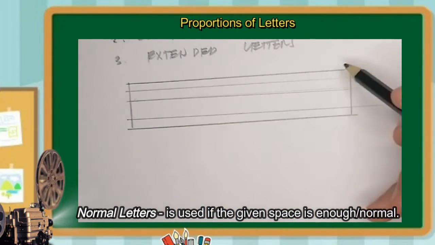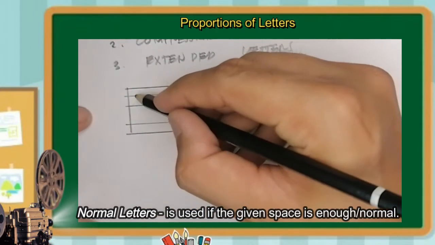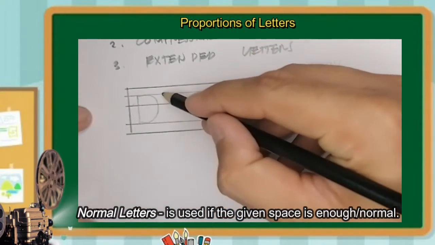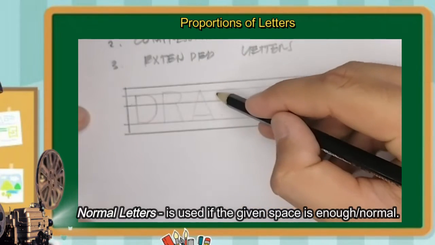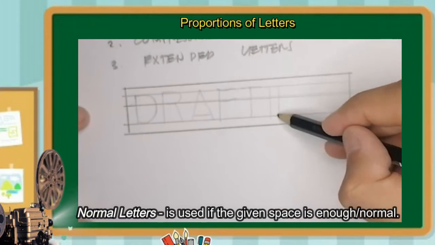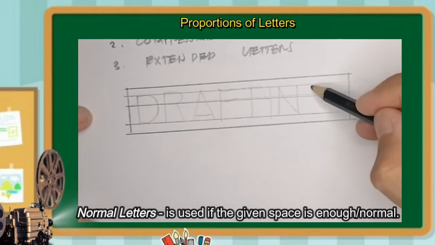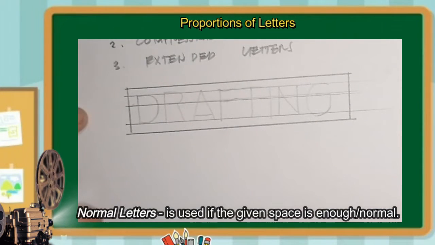Okay? So example, I will be lettering here normal letter, proportion of letter for the term drafting. So again, light lines muna. So the function of light lines, there will be still a room for you to adjust the letter. Example, in this case, medyo may space pa ako dito. Mag-adjust ako mamaya yan. Okay?